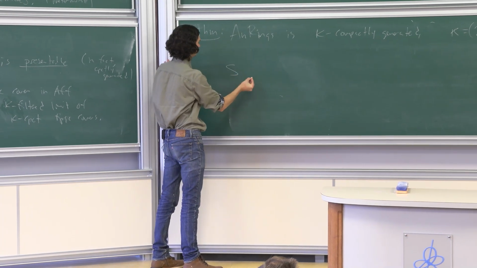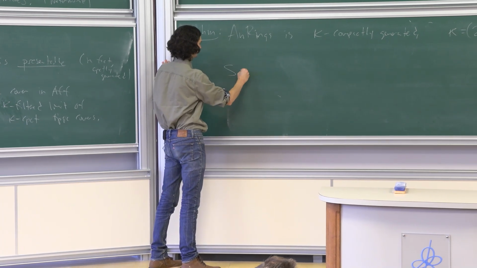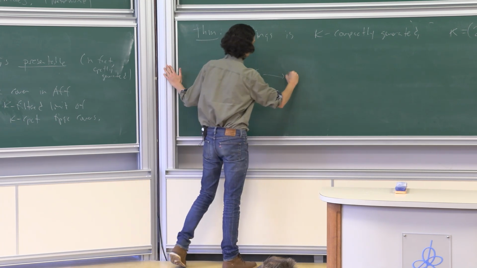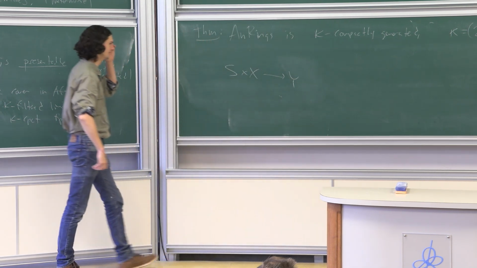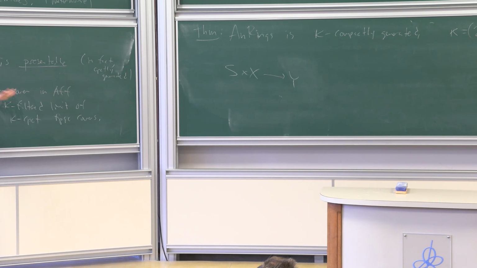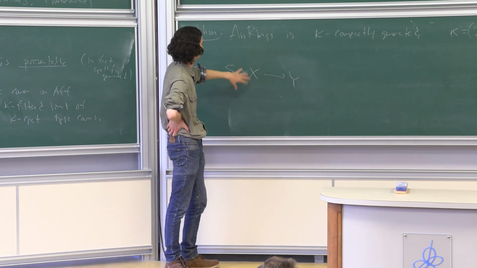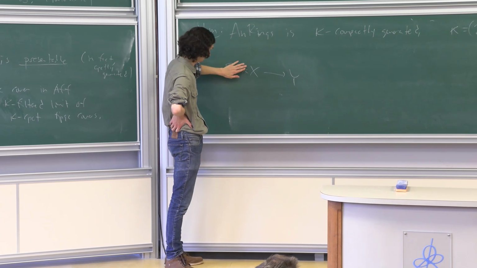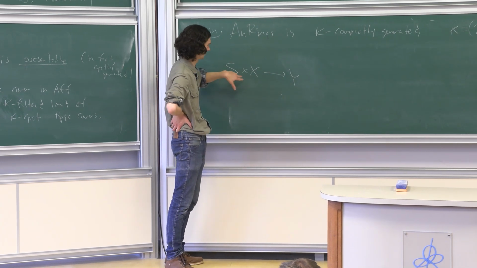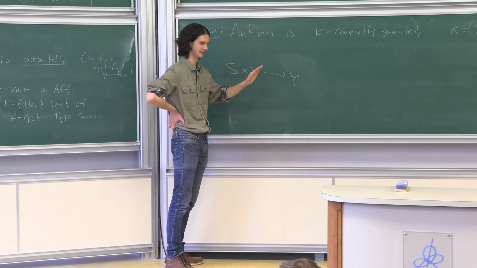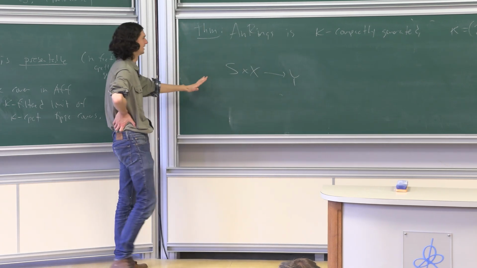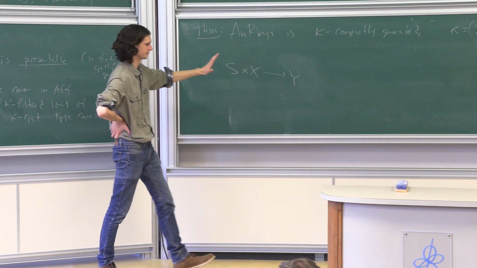You're saying you just take your profinite set or whatever, and then you cross it with X and map it to Y. Yeah, that's right. So analytic stacks is enriched over light condensed sets because you can define an S-valued point to be just a map like this. But it's different from the enrichment.